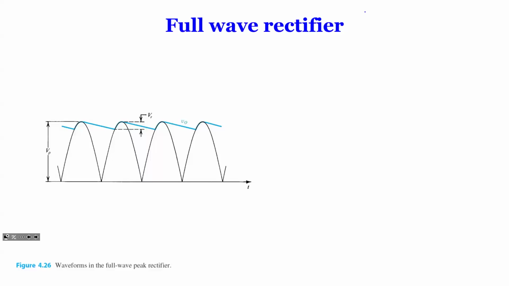Now, if you have a full wave and then you have a C, remember the circuit is like this. For the full wave rectifier, let's do it this way, it's actually easier.